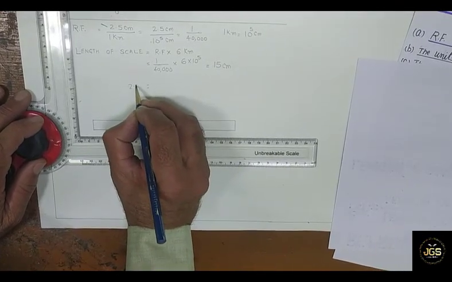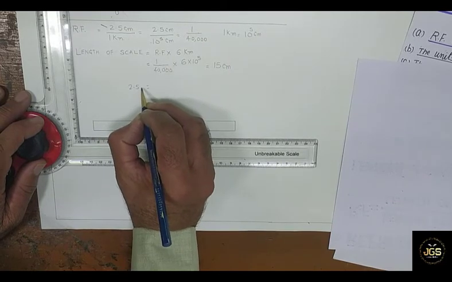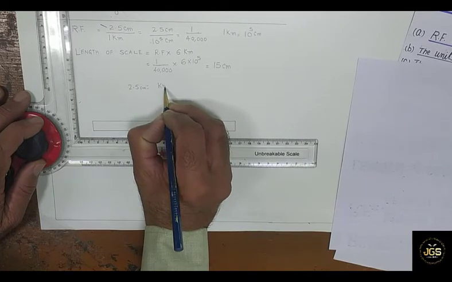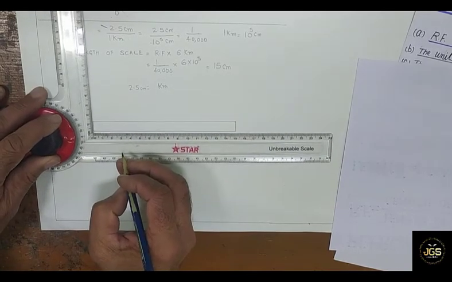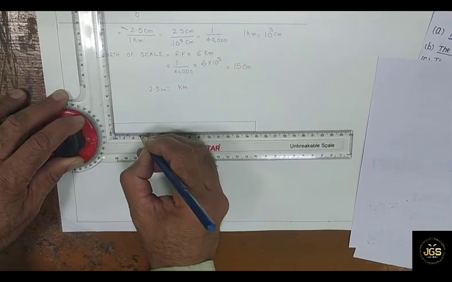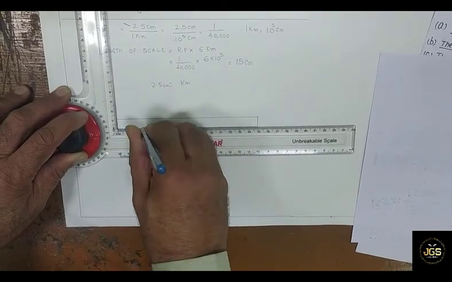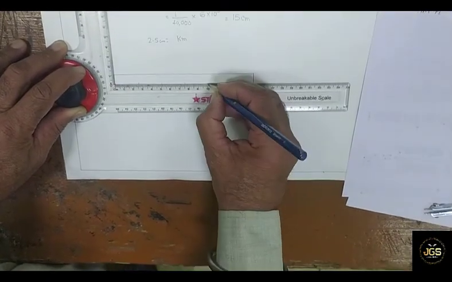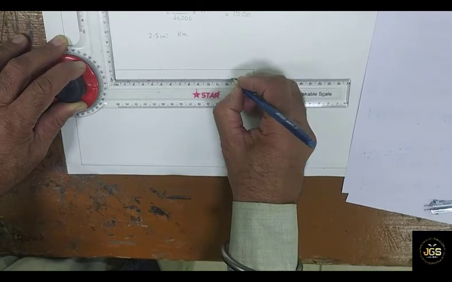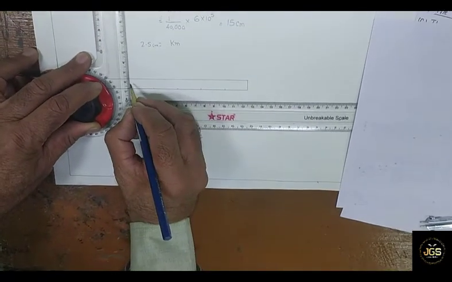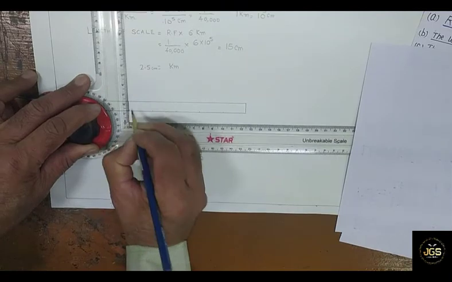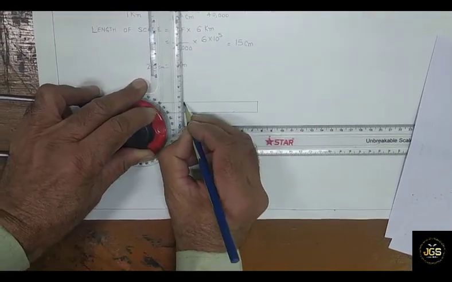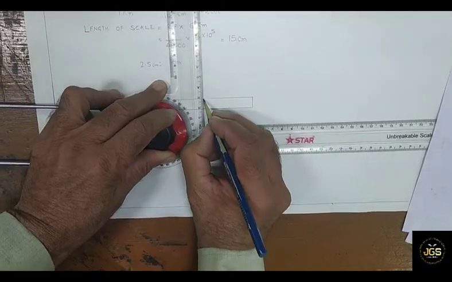Here 2.5 centimeter represents 1 kilometer. So here you can mark the distance as 2.5 centimeter because we have to show the kilometer and hectometer. 5, 7.5, then 10, 12.5 and 15. So these are the main divisions at a distance of 2.5 centimeters. Each represents the length of 1 kilometer.